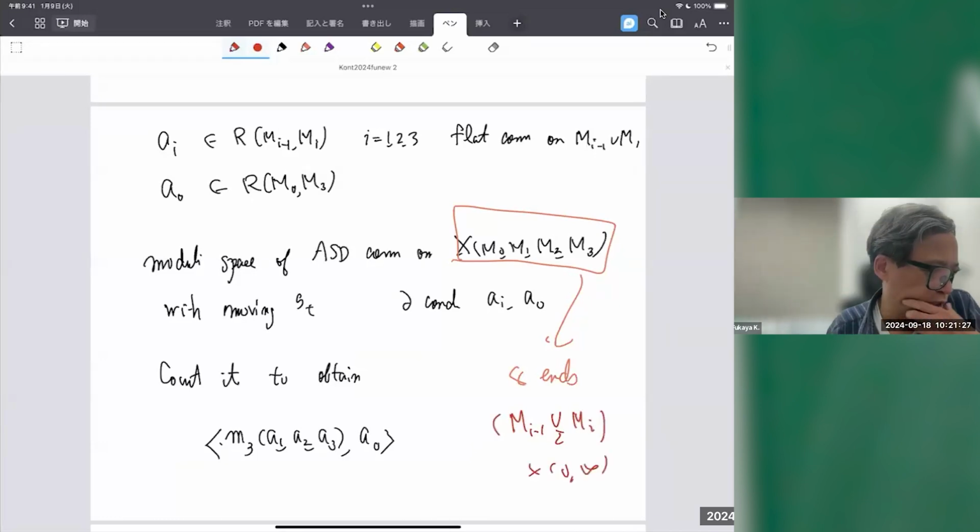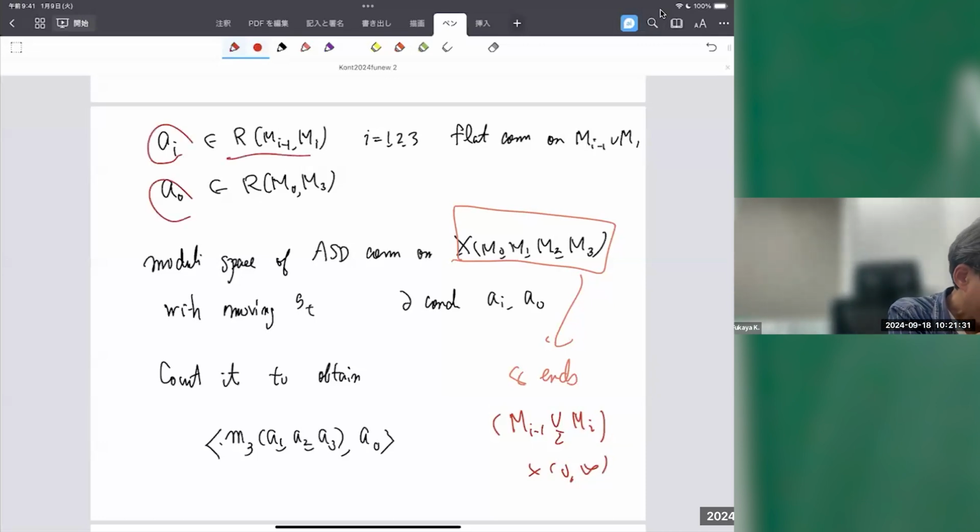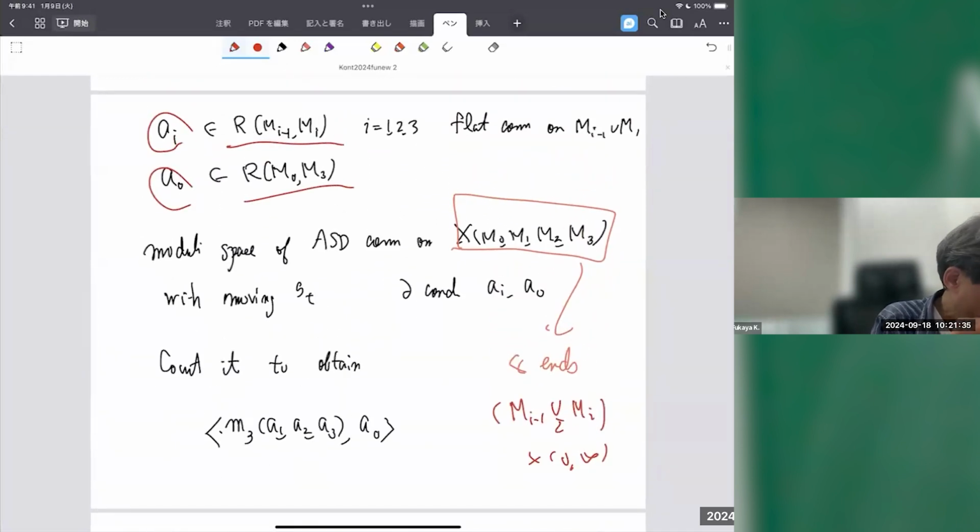So you have four ends, and we have a flat connection A_i on M(i-1) glued with M(i). So we consider the ASD connections on this four manifold X, but together with moving t. It means that for any t, you have a moduli space of ASD connections, and you take the union over all t.